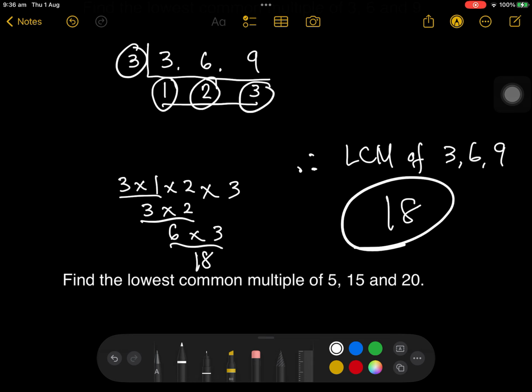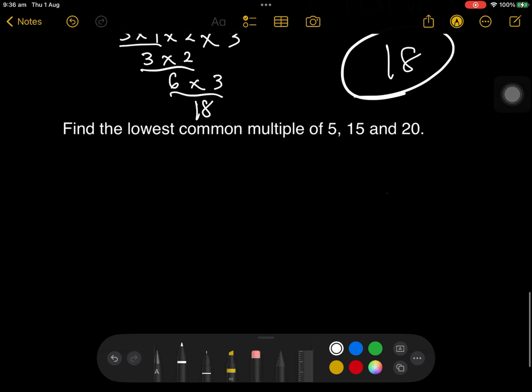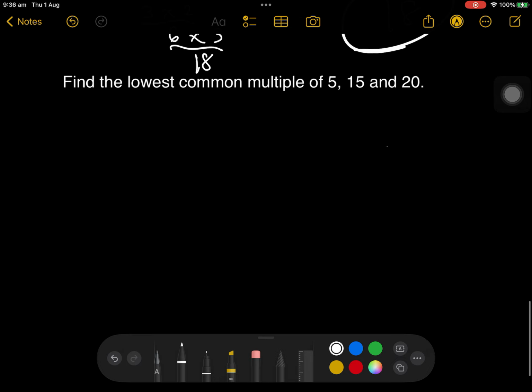All right. For the last example, find the lowest common multiple of 5, 15, and 20. Again, I'm going to use the division process. 5, 15, and 20 are divisible by 5 because they end in 5 or 0. 5 divided by 5 is 1, 15 divided by 5 is 3, and 20 divided by 5 is 4.